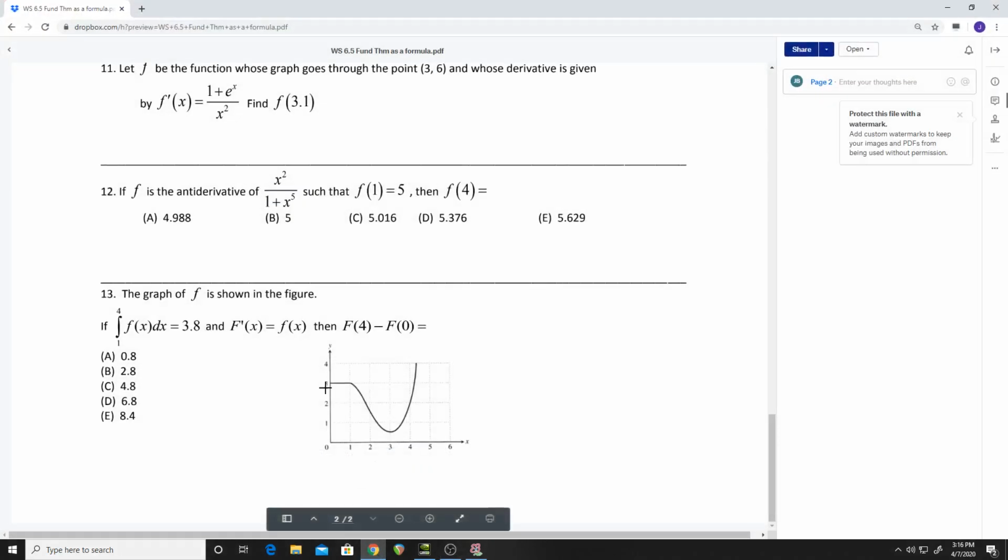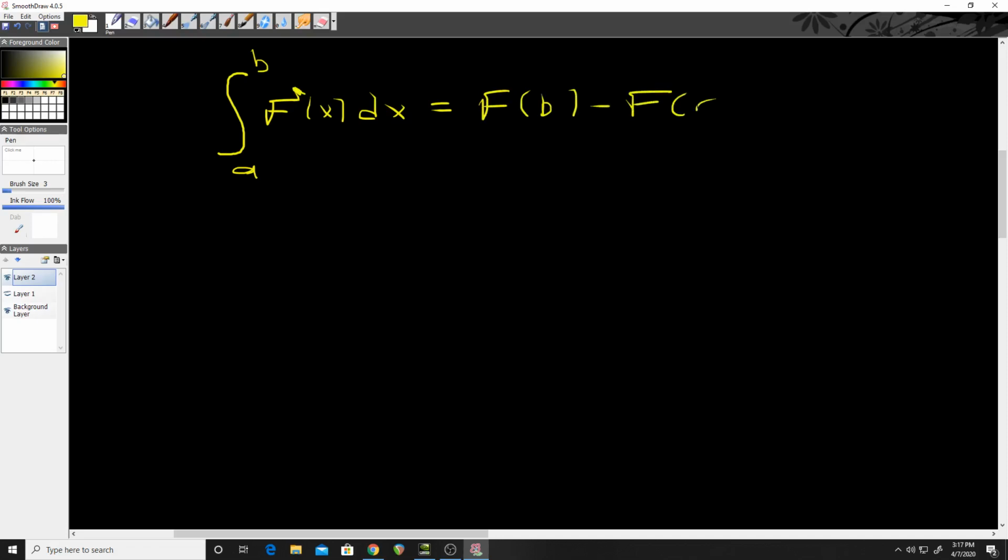Anyway, this problem isn't that bad. Let's write down some stuff that we should know. First, the fundamental theorem of calculus. If I integrate from little a to little b some derivative, and to keep it consistent with this problem, I'm going to change this little f to a big F. The integral of big F prime is going to be big F at b minus big F at a.